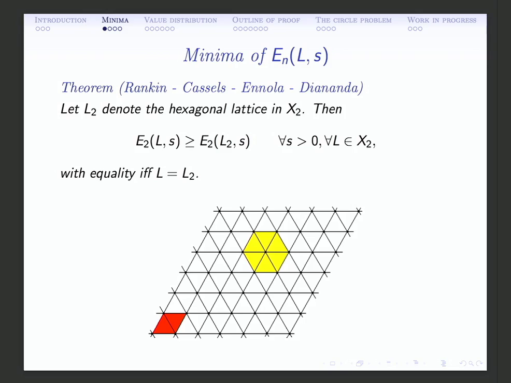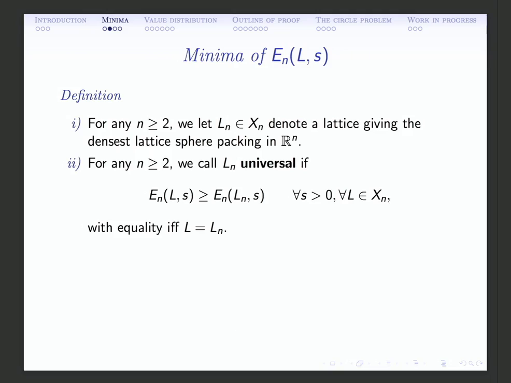In order to make that a little bit more precise, I give the following definition. In fixed dimension n, I will write L_n for a lattice that gives the densest possible lattice sphere packing. It might not be unique, and if there are multiple choices, I just pick one of them to be my L_n.